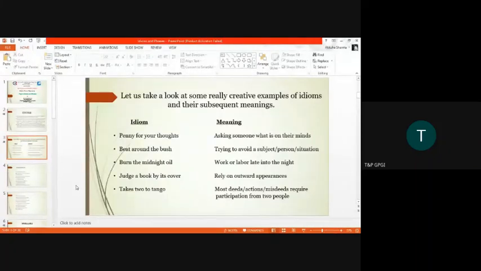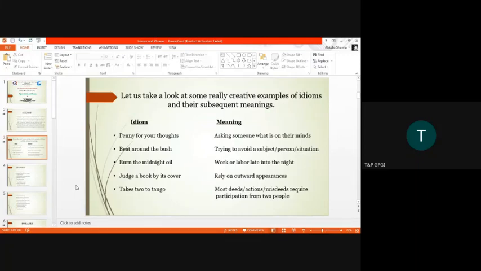Anyhow, moving on. This one is my personal favorite, and it is very fun to say. It's very fun to use. It goes as takes two to tango, or you can say it takes two to tango, very casually, very generally. So what is the meaning behind this? Takes two to tango means more than one person is involved in that particular activity or situation.